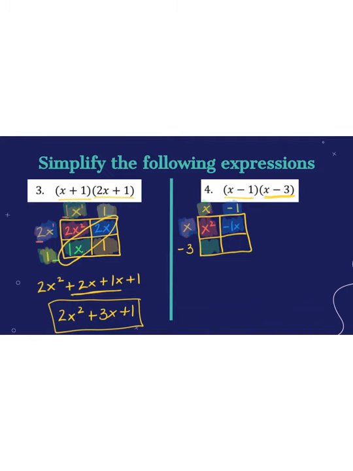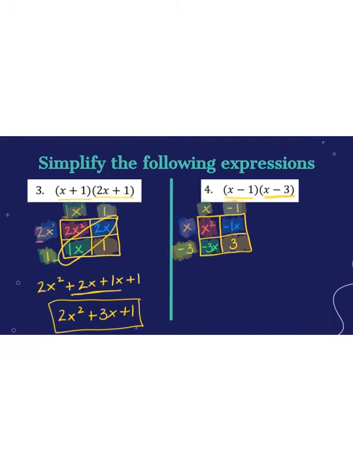So I'm going to do the top and the side. So negative 3 times x is going to give me a negative 3x. And finally, this last one, right here, we're going to take negative 1 times negative 3. Remember, a negative and a negative turns into a positive, so you have 3 times 1, which is a positive 3.